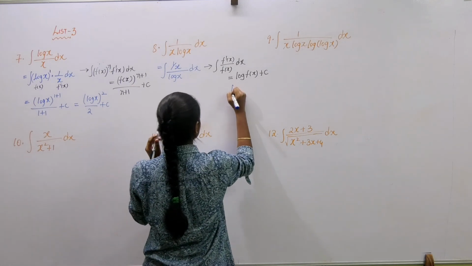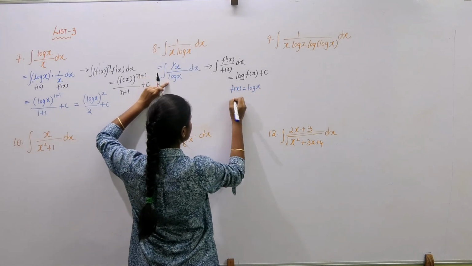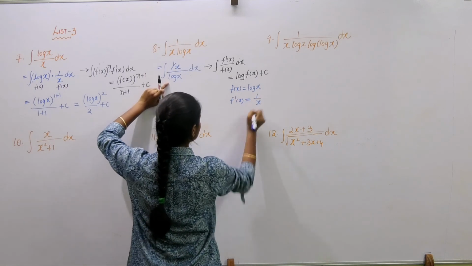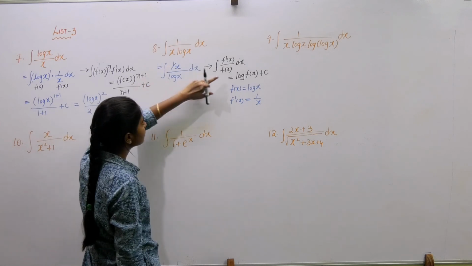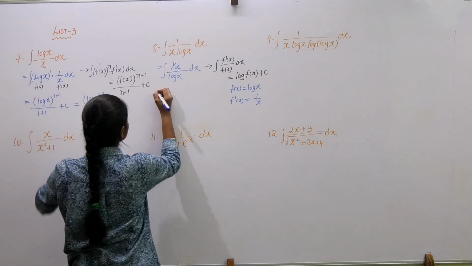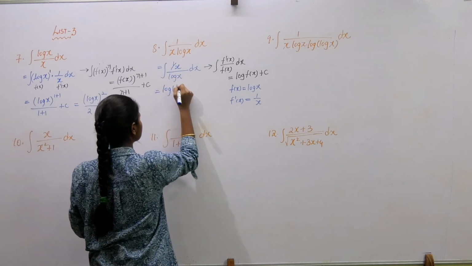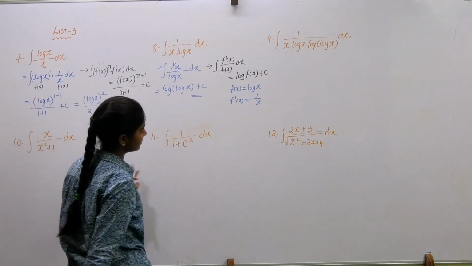Let us check. Value of f of x is equals to log x, f dash of x, that is d by dx of log x is 1 by x. So, f dash of x by f of x. So, we substitute this formula here. We get log of f of x is log x plus c. This is the final answer.